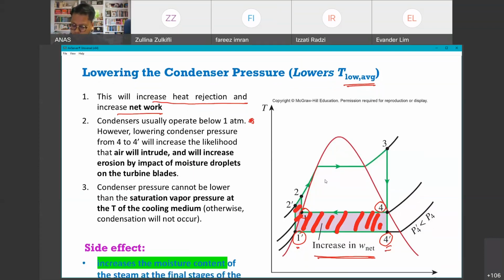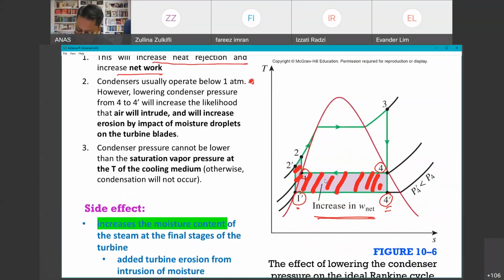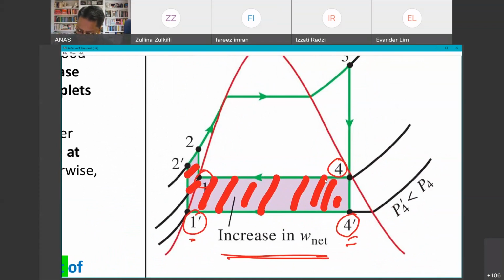This is critical. If we move from 4 to 4 prime, we have an increase of area under the curve, which is what we wanted, so we get an increase of W net. But if you look at the position of point 4, it is very close to the saturated vapor line. So let's say your quality value is roughly 0.9.